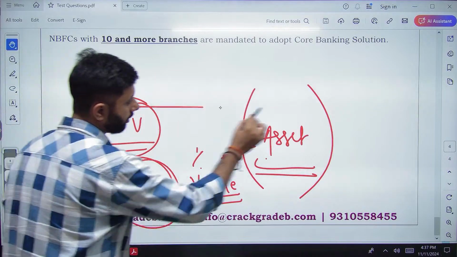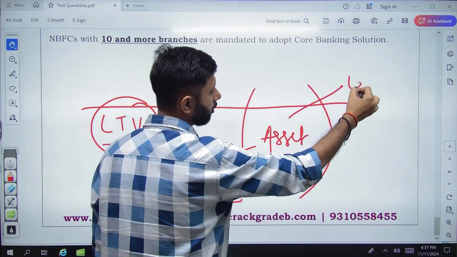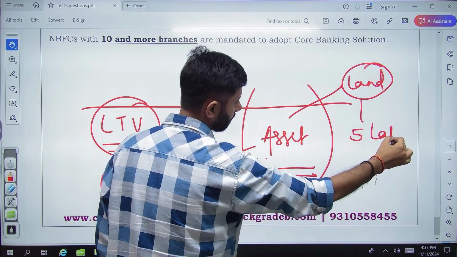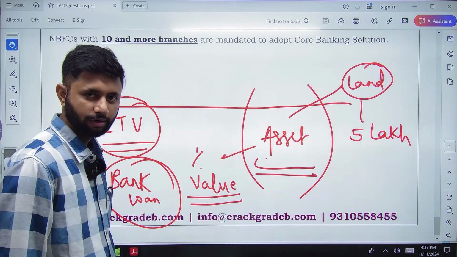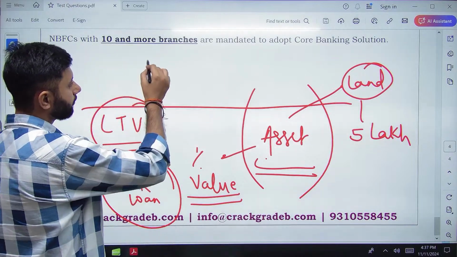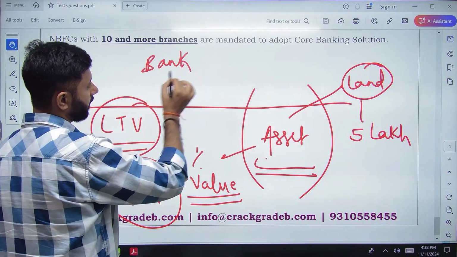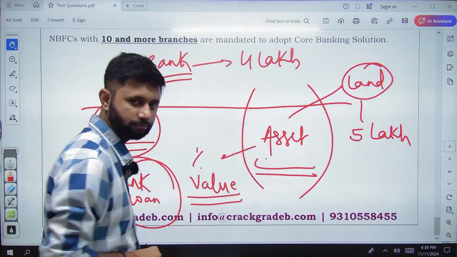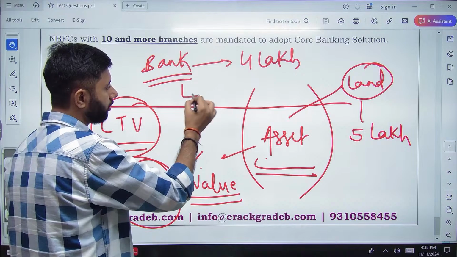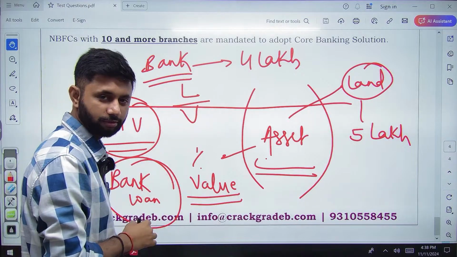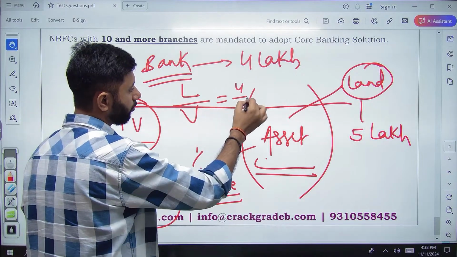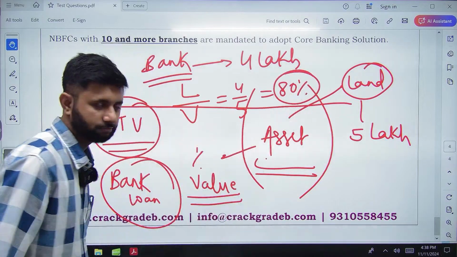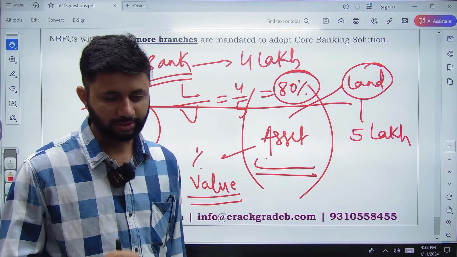For example, you're buying a land of rupees 5 lakh, and the bank is ready to give you a loan of 4 lakh rupees. So your loan to value ratio will be 4/5, or rather 80%. Is this clear?